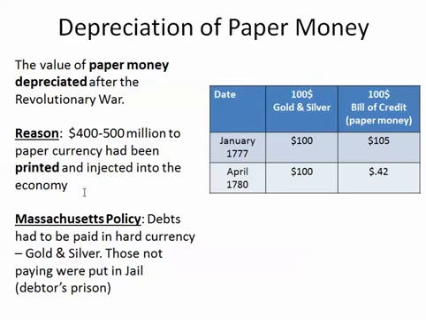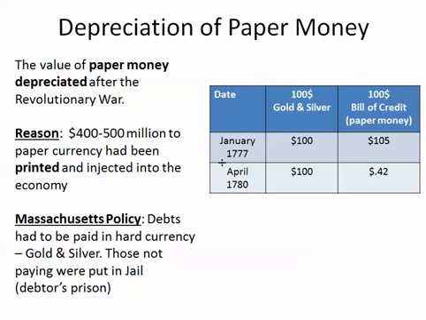And they're going to inject that into the economy. What that's going to do is cause inflation, and the value of paper money, what we call bills of credit in Massachusetts, is going to depreciate. In other words, its value is going to decrease after the American Revolutionary War.